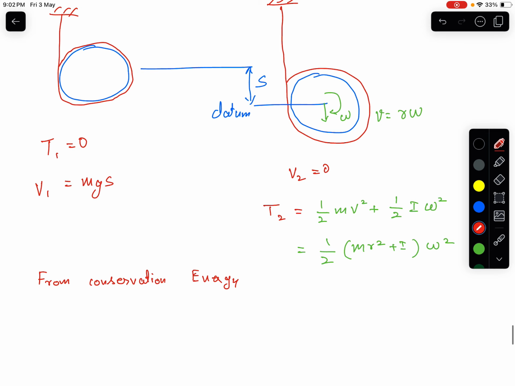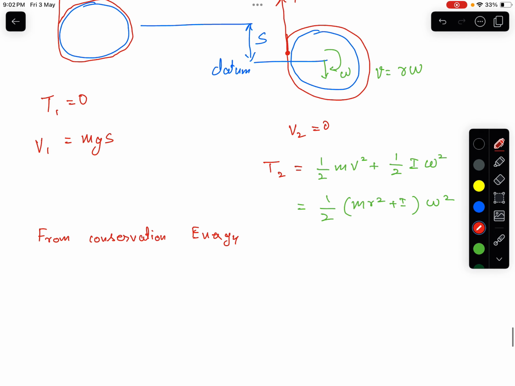Of course one external force is there, this is tension T, but since the point of application of tension T has zero velocity, this is a rolling motion about this point. So work done by this tension would be 0. Therefore you can write mgs is equal to half (mr square plus I) times omega square.